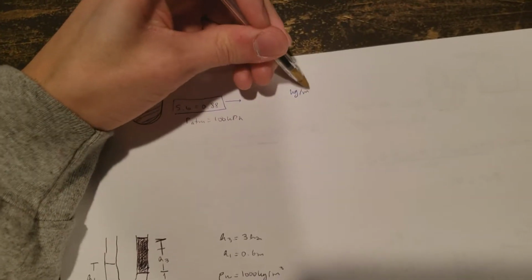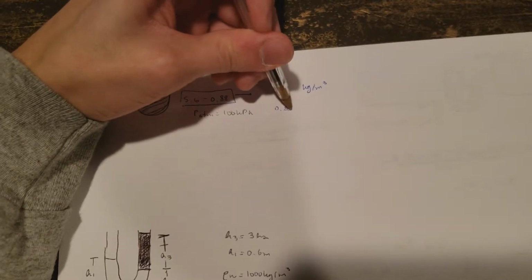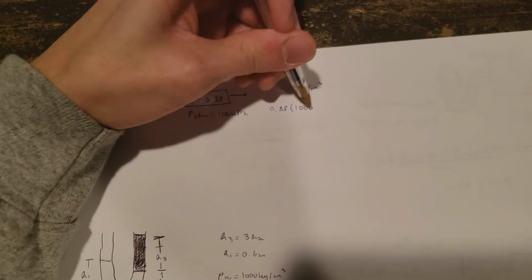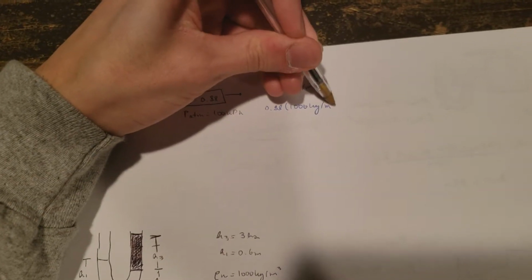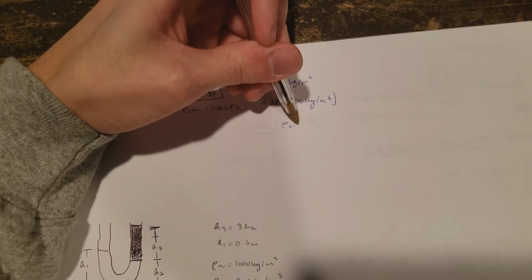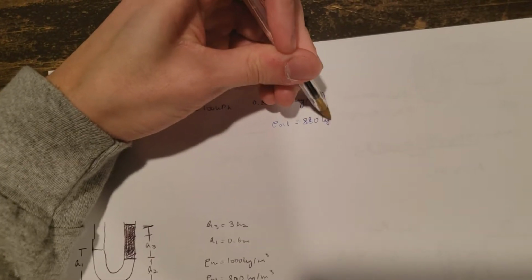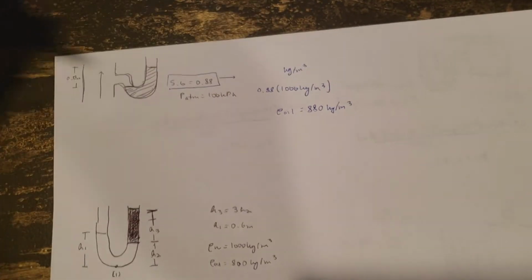In this case, we want our units probably to be in kilograms per meter cubed. So what we would need to do is simply do 0.88 times 1,000 kilograms per meter cubed. And that would give us the density of our oil equal to 880 kilograms per meter cubed.